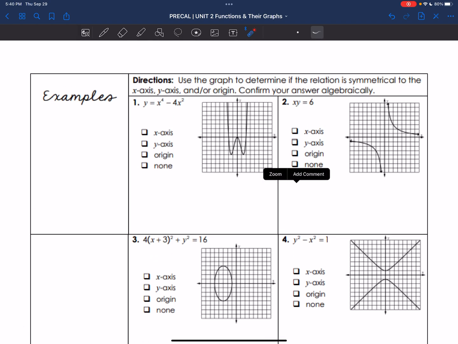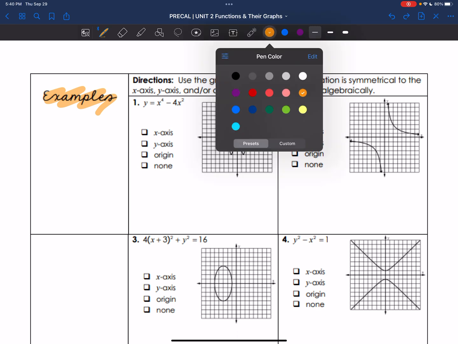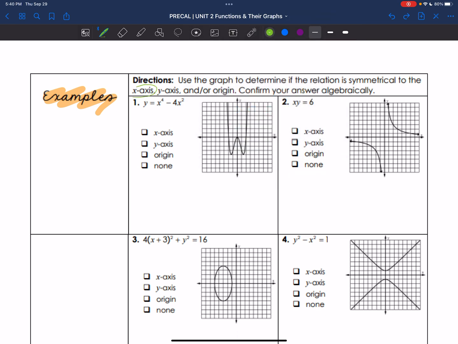We're going to use the graphs to determine if the relation is symmetrical with respect to the x-axis, the y-axis, or the origin. Let me highlight that like we did previously. So let's use our graph to determine that and then confirm our results algebraically.